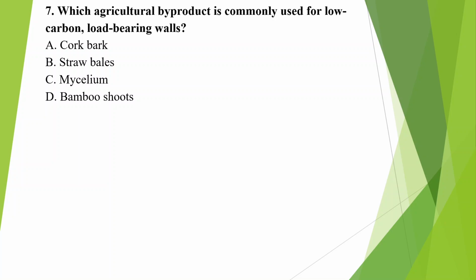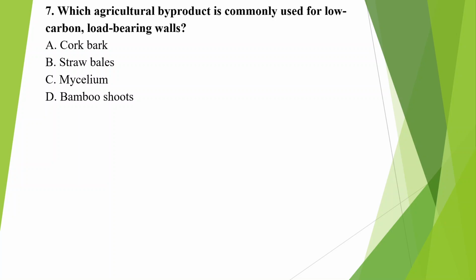But in the other case, option C, mycelium, has relatively lower compressive strength, which means it is typically not used for load bearing applications. Although it has low carbon emissions, it has lower compressive strength and is typically not used for load bearing application.